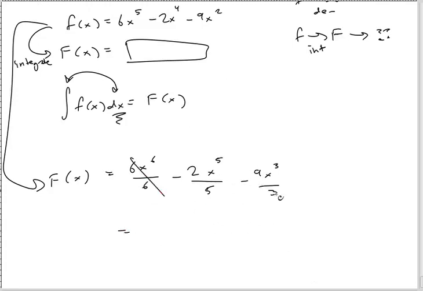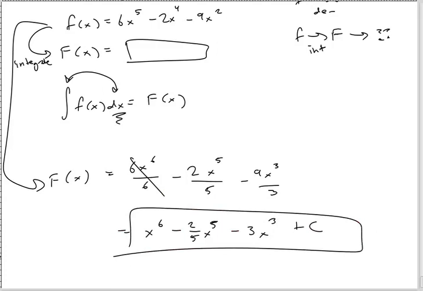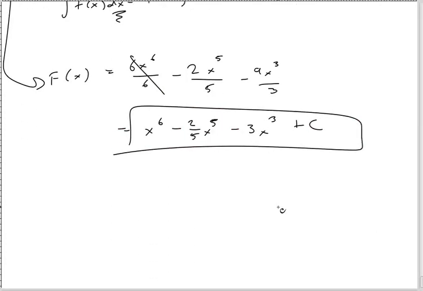Cancel, kinda. So x to the 6 minus 2/5 x to the 5th minus 3x cubed plus c. You got to have that plus c, otherwise it's not going to work.